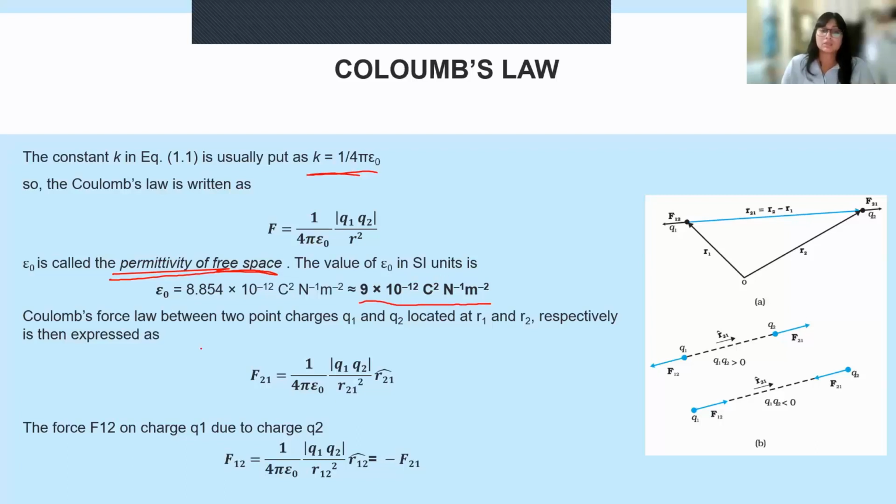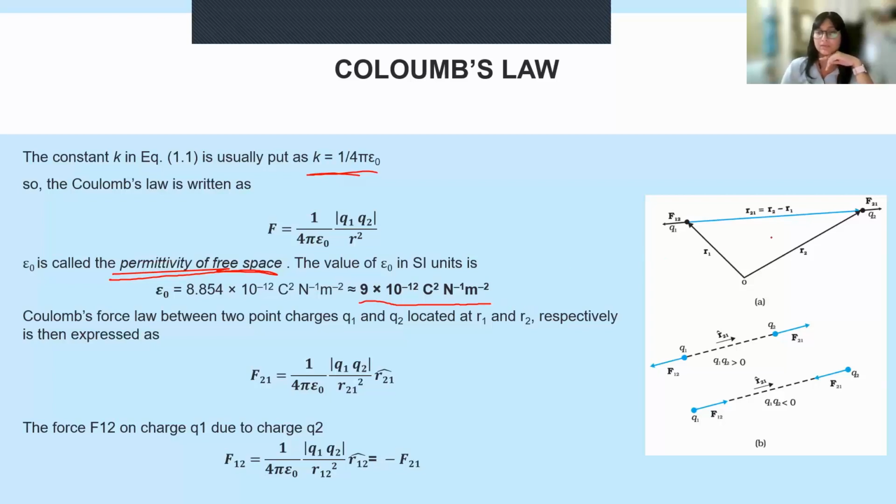Suppose there are two charges over here, Q1 and Q2. Now force is a vector quantity. Even the force of repulsion or attraction that is experienced by two charges will also be a vector quantity.